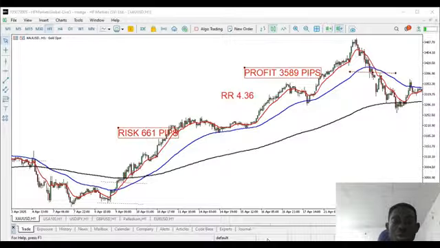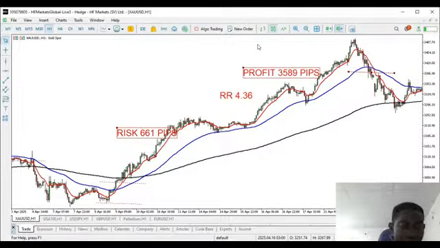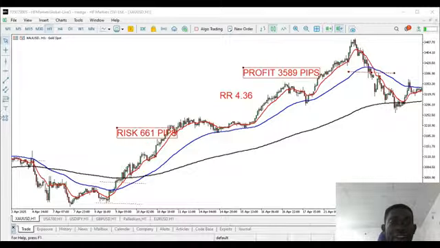So I have 3,589 divided by 661. That's 5.42, and that is awesome. The risk to reward ratio here is 5.42.